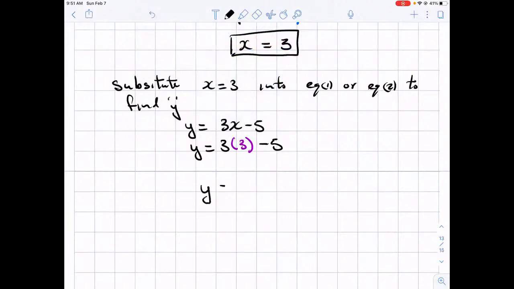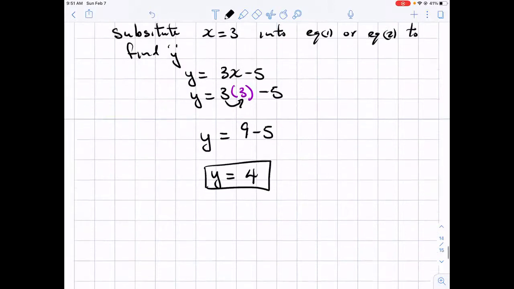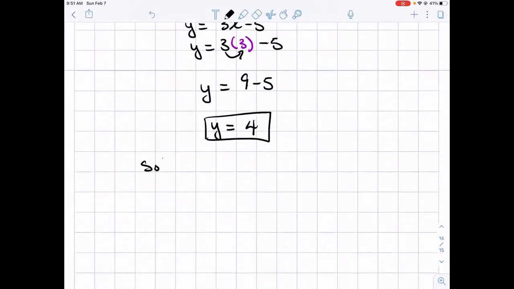So y is equal to 3 times 3 is 9 minus 5. y is equal to 4. So we see the solution is x equals 3 and y equals 4.